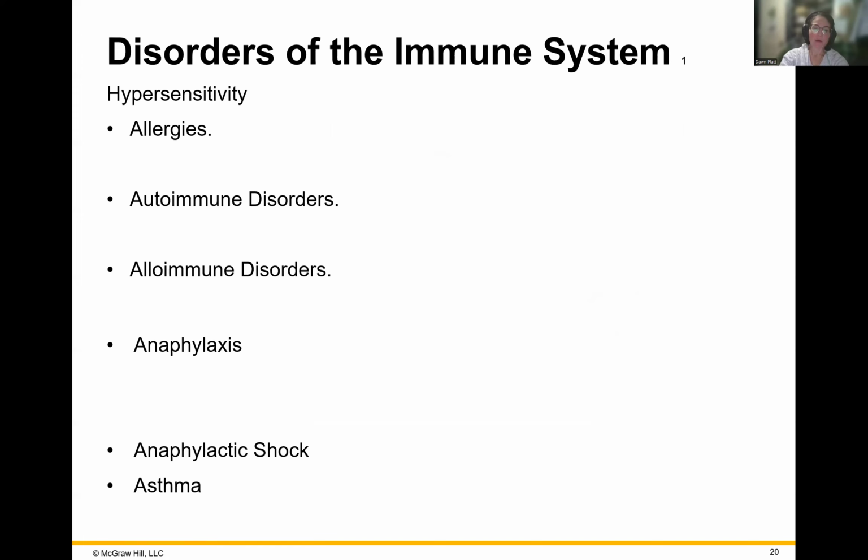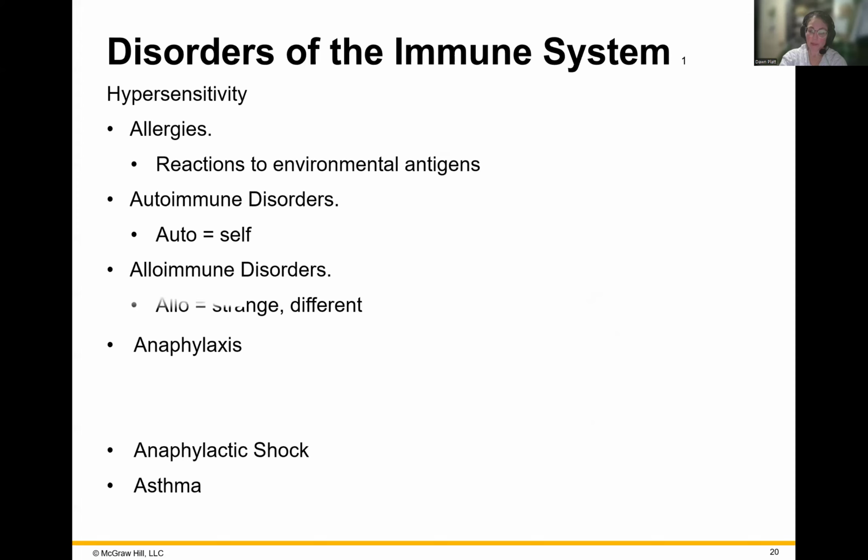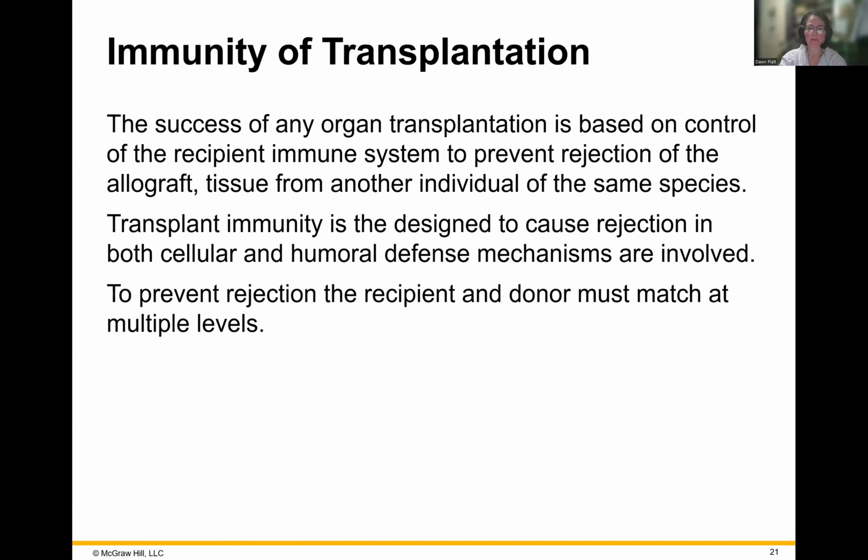All right, we have hypersensitivity. And then these go under allergies, autoimmune disorders, alloimmune disorders. Allo means strange or different, anaphylaxis, and then we have anaphylactic shock and asthma. Immunity of transplantation.